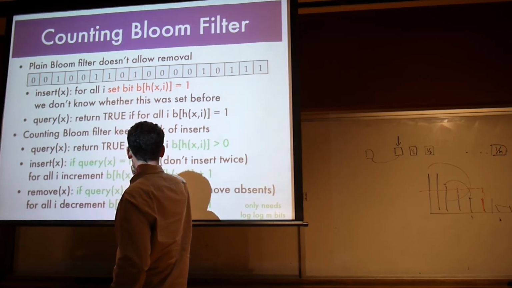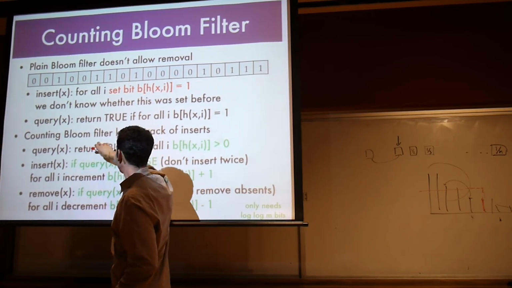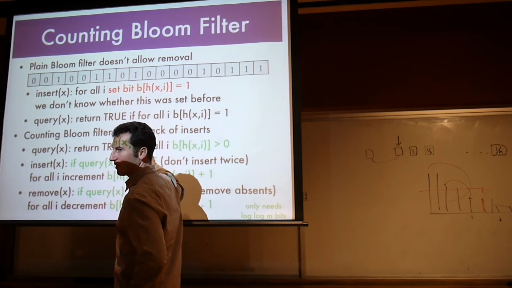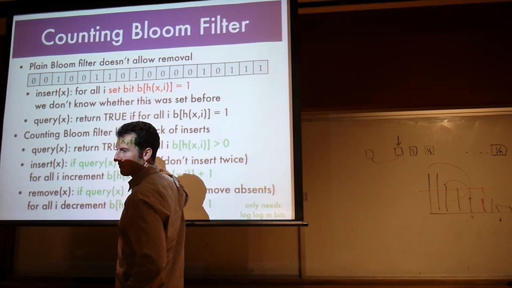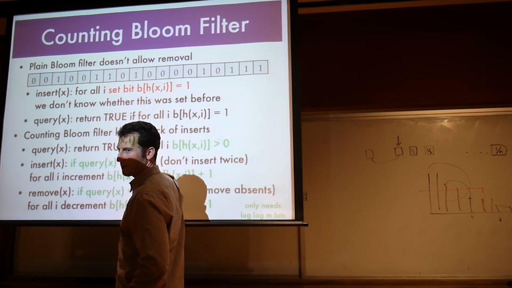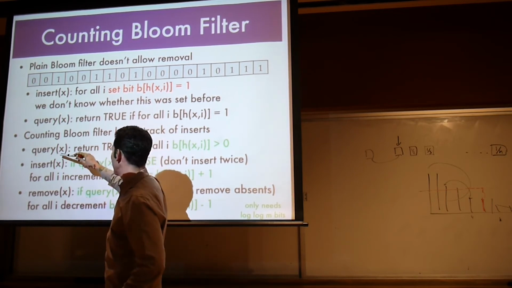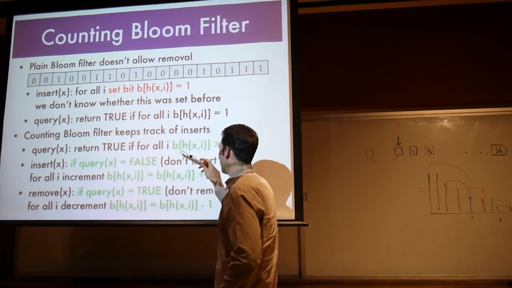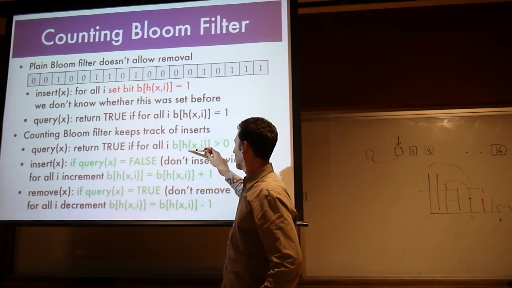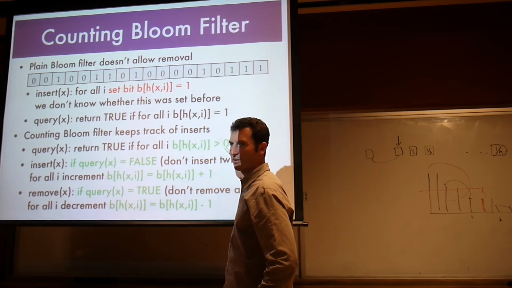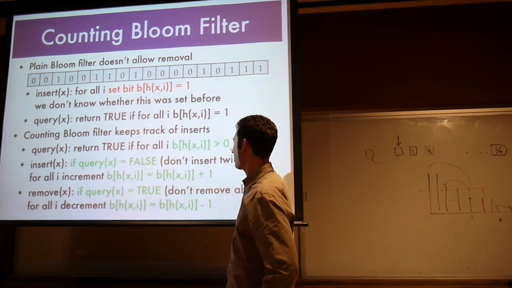Now, for the counting Bloom filter, I'm going to replace those bits by small counters, like 2-3 bit long counters, so they're tiny. And so for the query, I return true if for all i's those counters are greater than 0. I don't look at the actual value, I just check whether they're greater than 0.